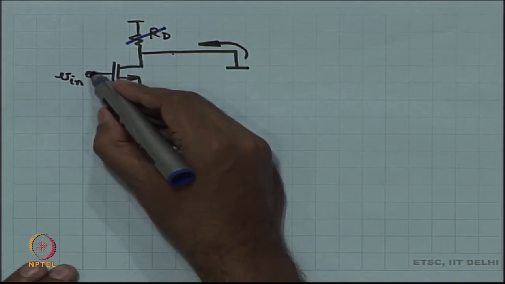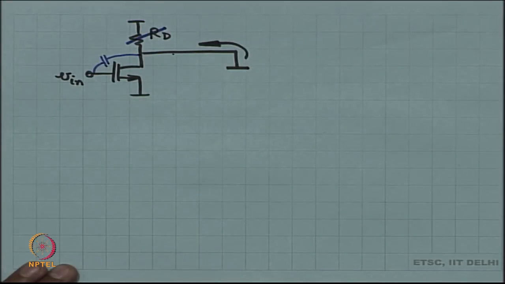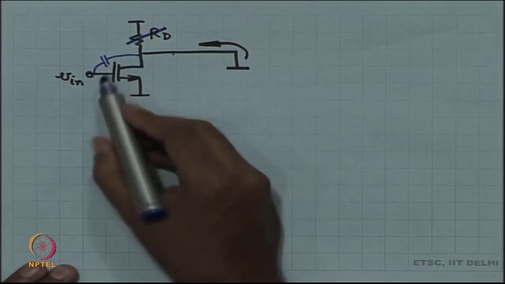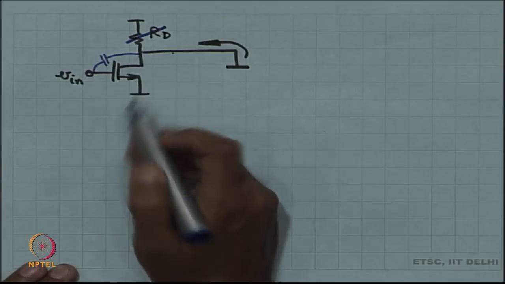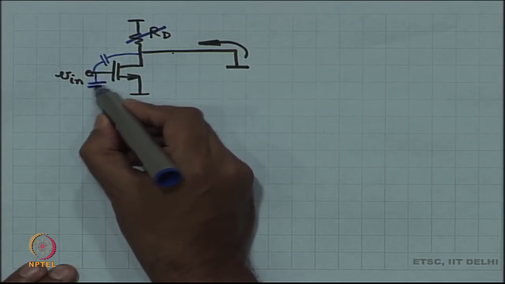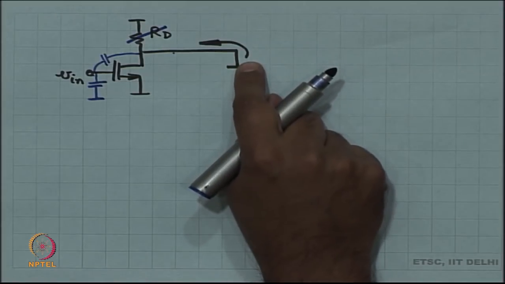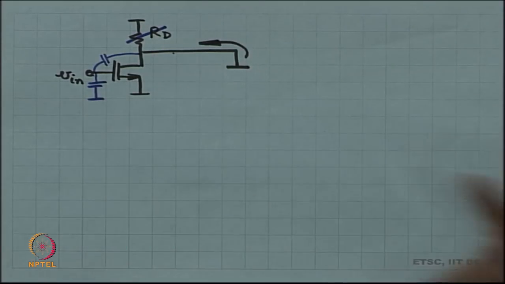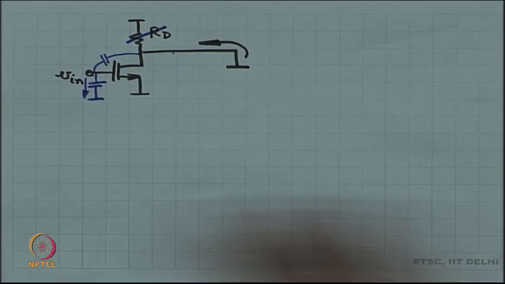The only other thing you have is C gate to drain, which is carrying a well defined amount of current. This side is V in, the other side is ground, and you have CGS and it is carrying a well defined current, but that current has no relationship with this short circuit current, it is not really affecting it, it is just going over here. Okay.